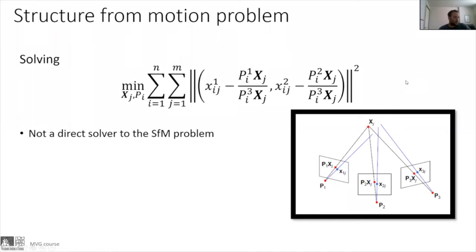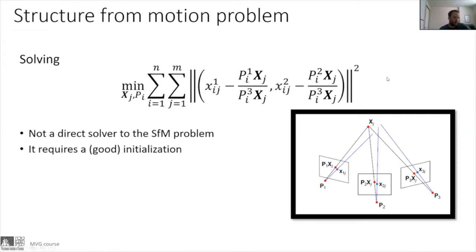So a few more words before we start with how to solve this. Bundle adjustment is not a direct solver for the structure from motion problem. We will see that because it's not convex, it requires a very good initialization. So we cannot throw everything into this objective and solve it.